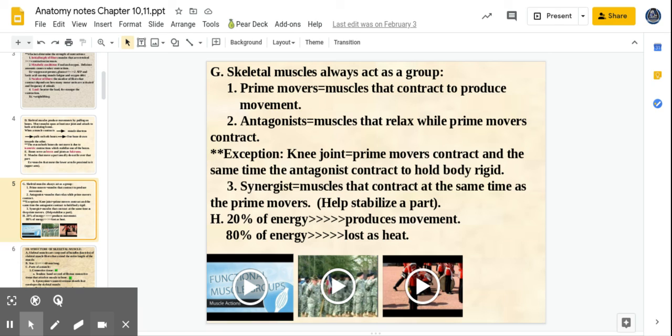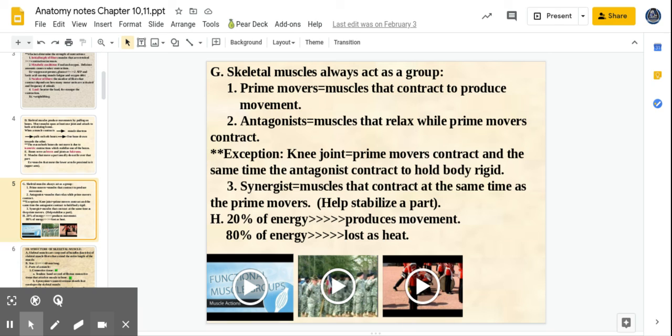Antagonists are, well, let's put it this way. Think of English class, right? So an antagonist is the villain, right? The person that's causing problems, right? So we have groups of muscles. When a prime mover is the main muscle moving, the antagonist is the opposite.